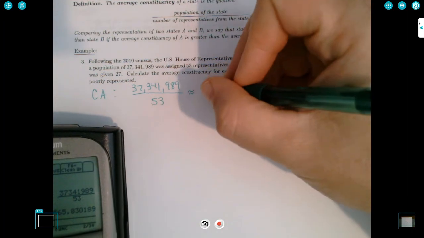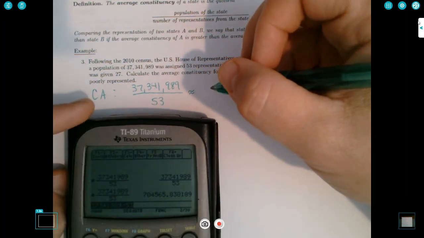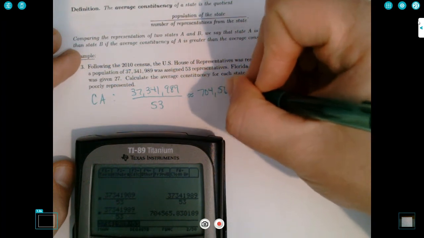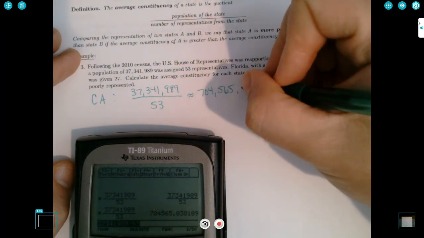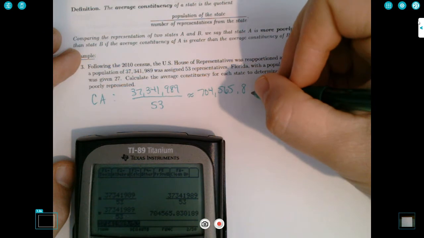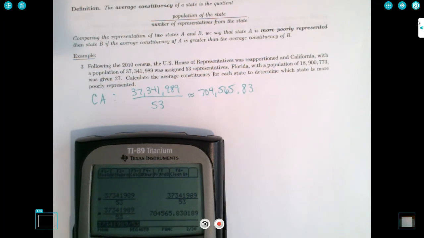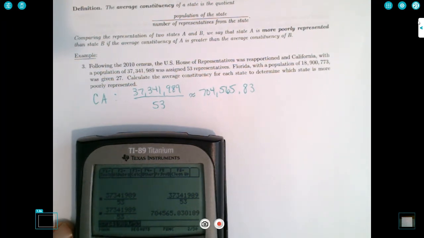So let's see. 37,341,989 divided by 53 is about 704,565.83. I'll go a couple decimal places. So that's the average constituency for California.